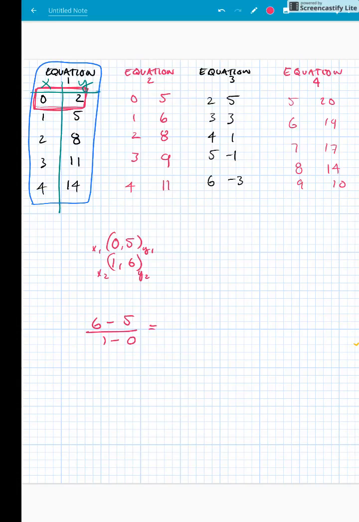That's 1 over 1, just 1. So we have a slope of 1 and a y-intercept. Let me write over here. I'm just using up a lot of space. Y equals x, and then this is our y-intercept, so it's plus 5.